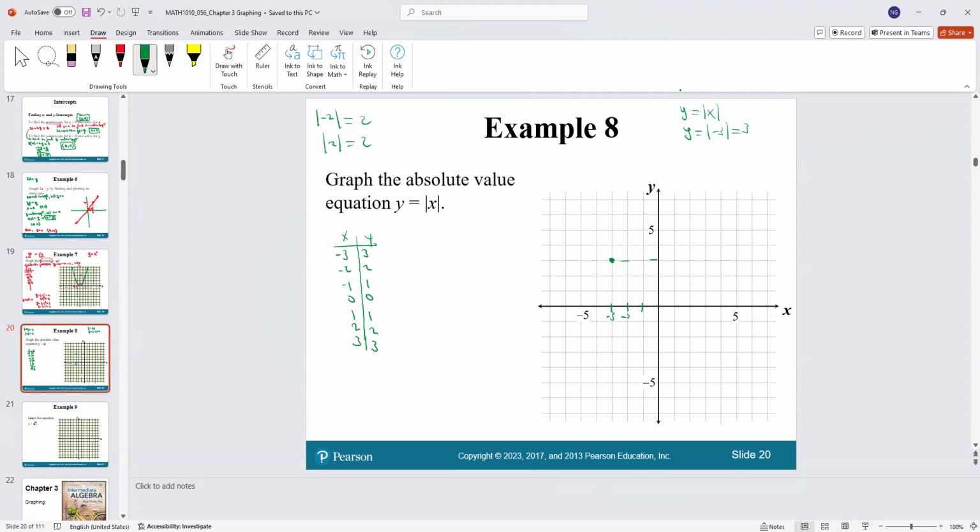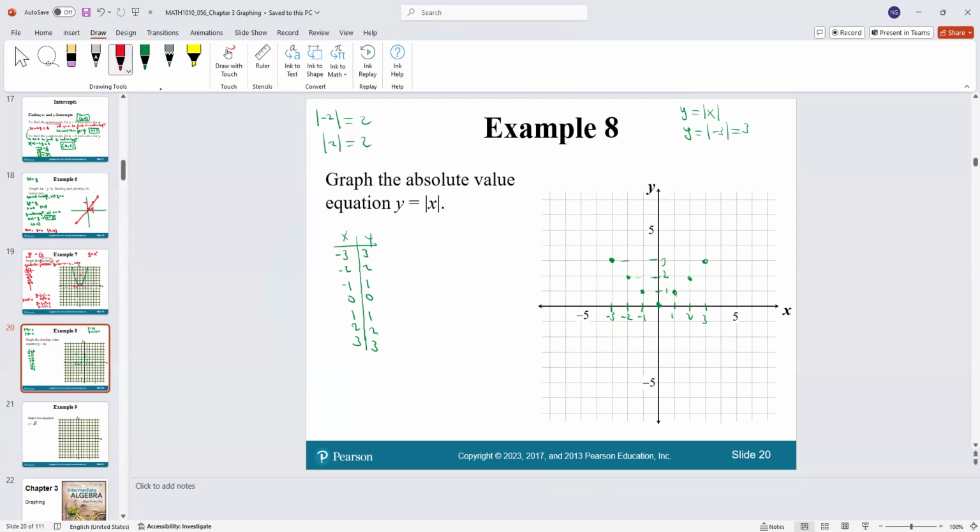When x is negative 2, y is positive 2. When x is negative 1, y is 1. 0 gives us 0. When x is 1, y is 1. When x is 2, y is positive 2. When x is 3, y is positive 3.